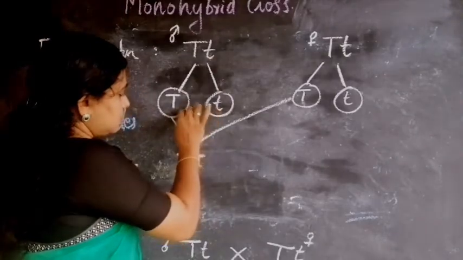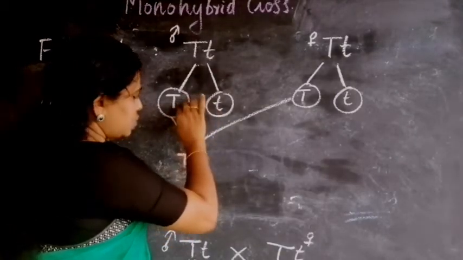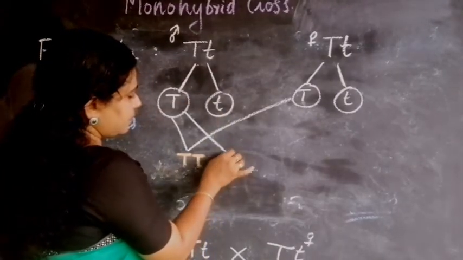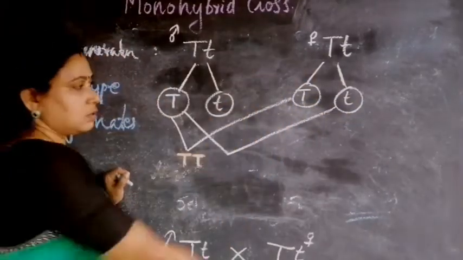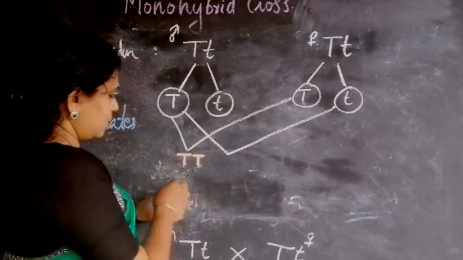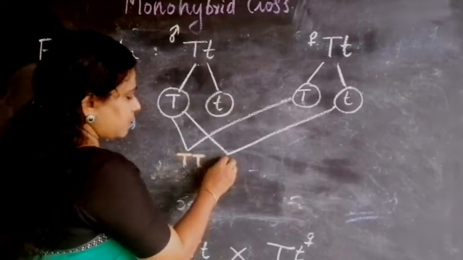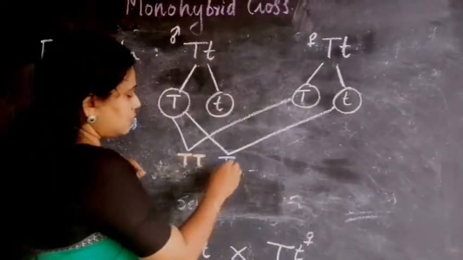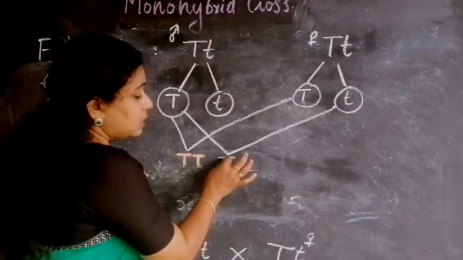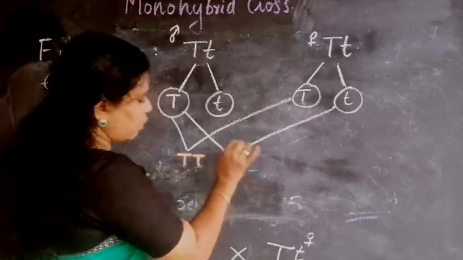The gamete containing this gene can fuse with this gamete. So what will be the result? The plant will have the genes capital T and small t again.